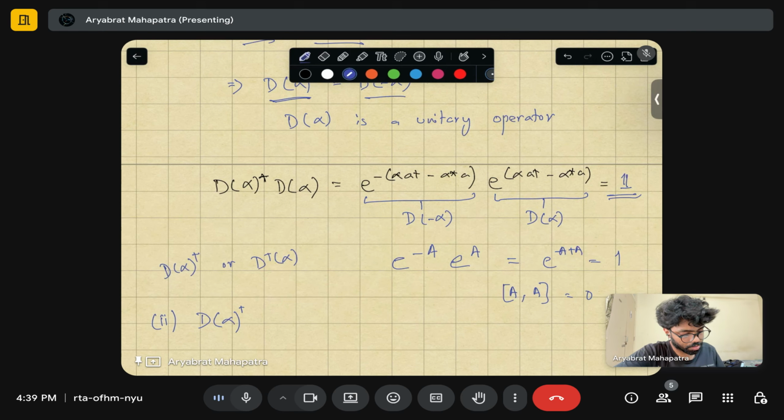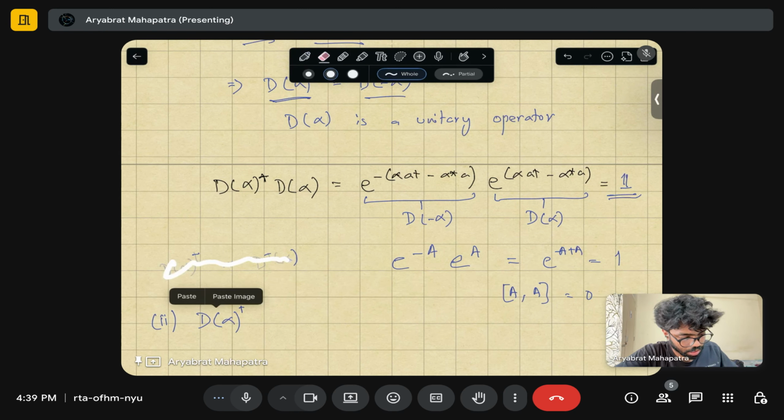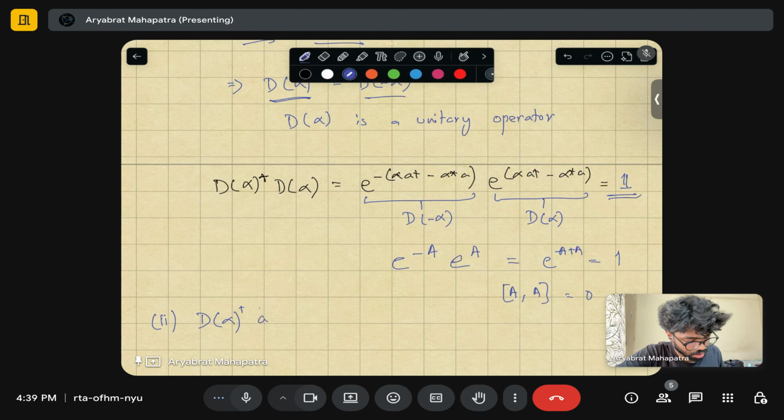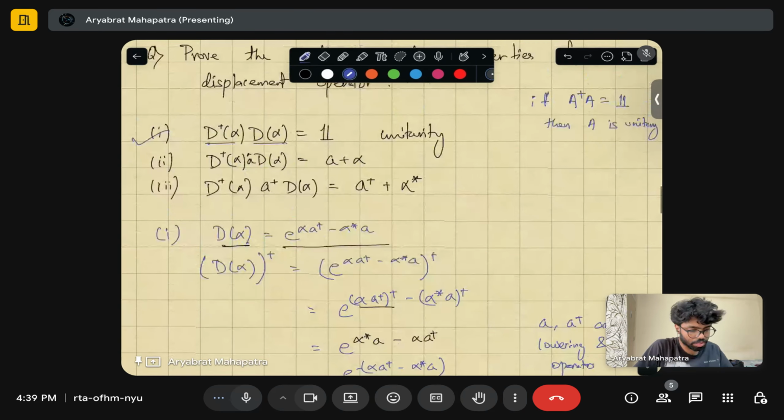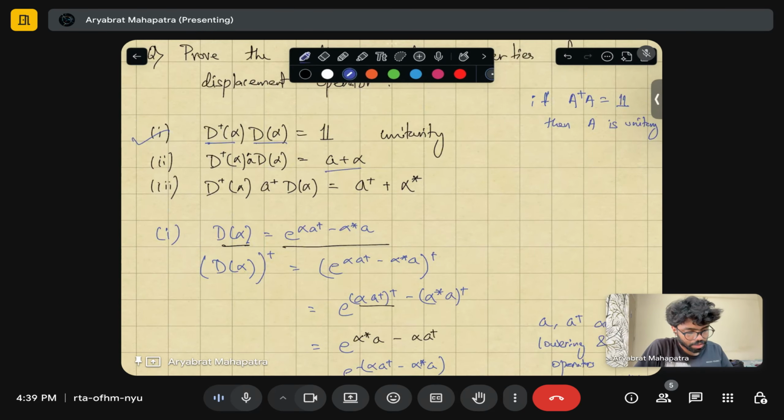I basically mean both are same, so don't get confused with that. Right now, what will be this? This is something you have to prove, this one, a plus alpha.